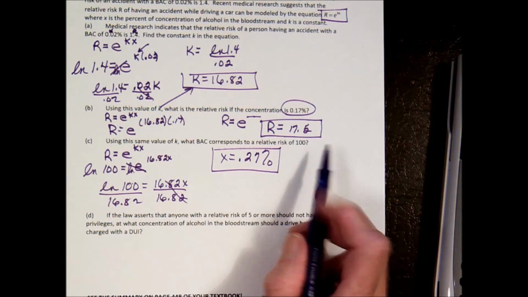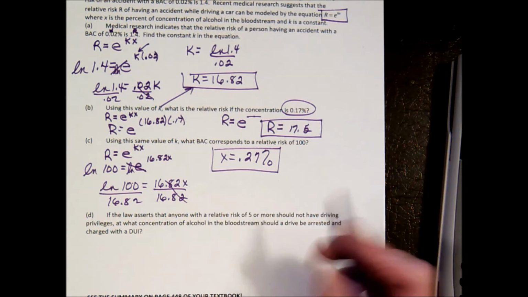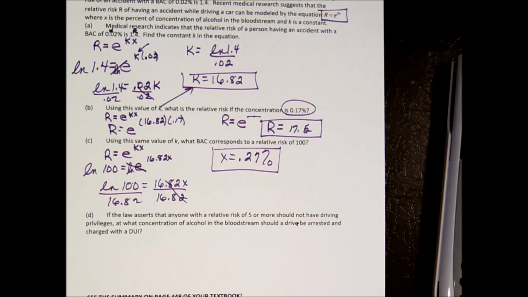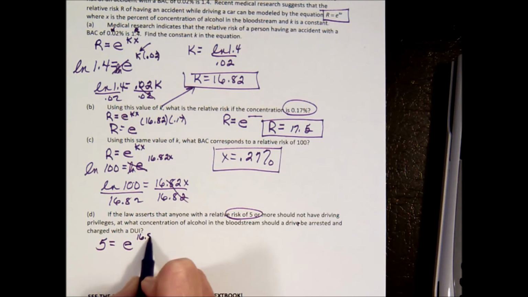All right, the last one says, if the law asserts that anyone with a relative risk of 5 or more should not have driving privileges, at what concentration of alcohol in the bloodstream should a driver be arrested and charged with a DUI? Okay, so this is the relative risk. So 5 equals e to the 16.82x.